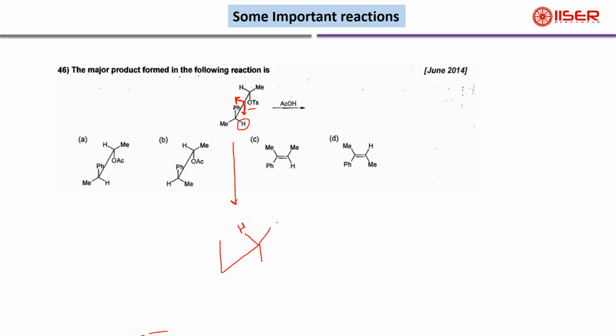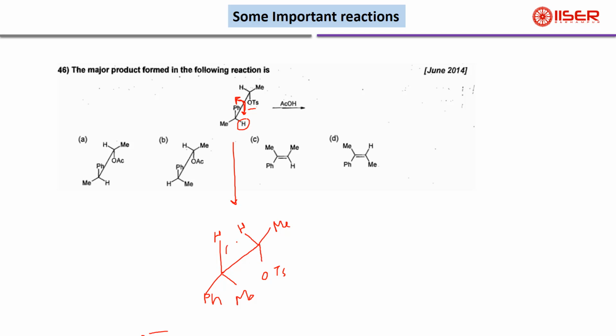We are keeping the back carbon center the same. The front carbon is just rotated. So if H goes here, phenyl comes here, and methyl goes here.